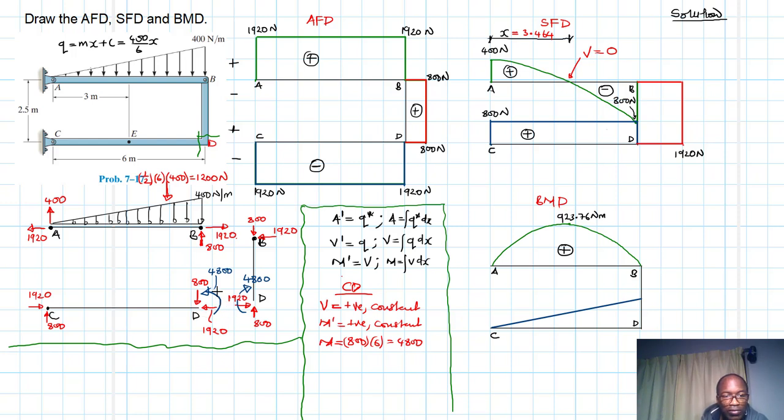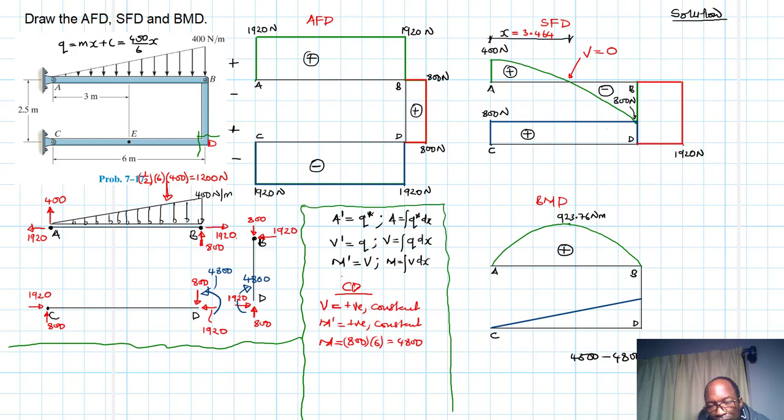So the opposite sign of this moment here is a -1, which is going to add up algebraically with the value that we just found. So we'll have 4,800 minus 4,800, which gives us 0 and hence a closure. So this is how this is going to close.